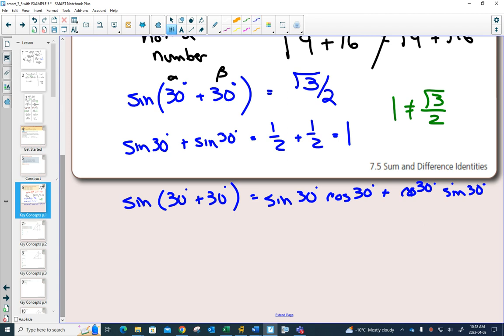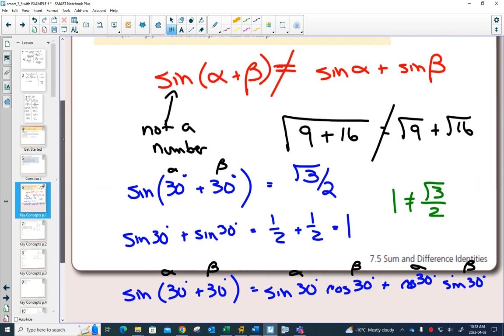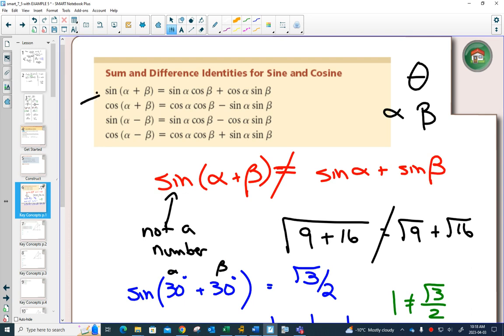So what I've done here is this is alpha, this is beta. I have used this very first formula and just replaced things in the formula with the numbers.